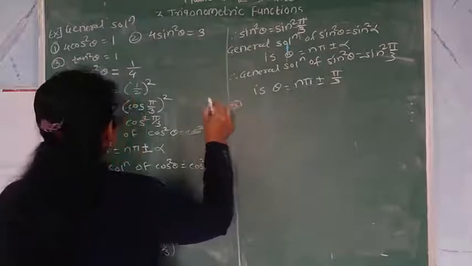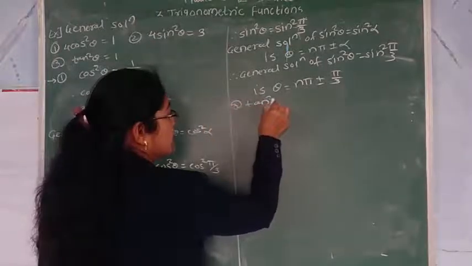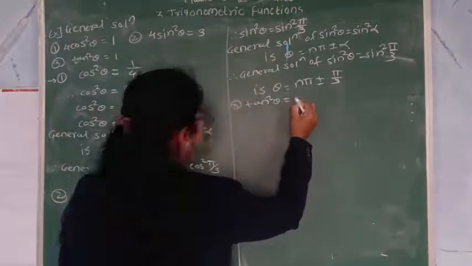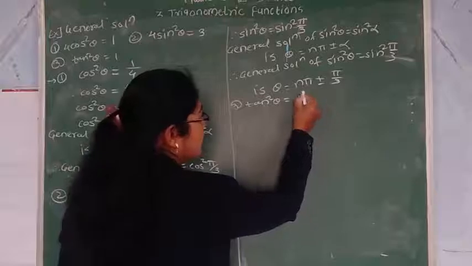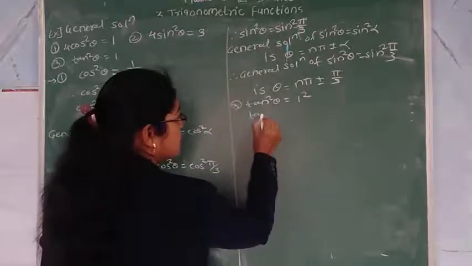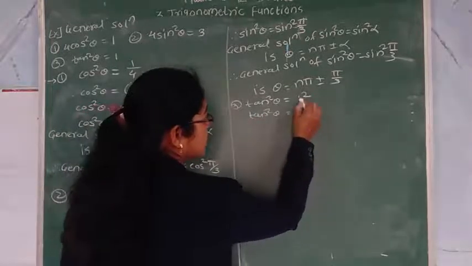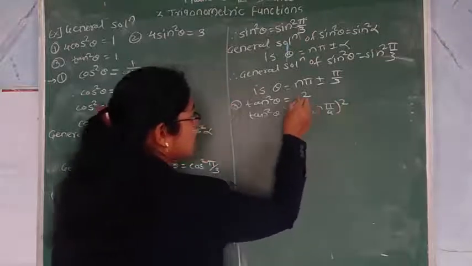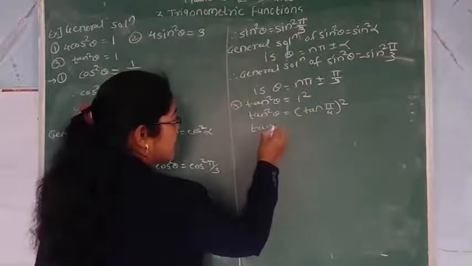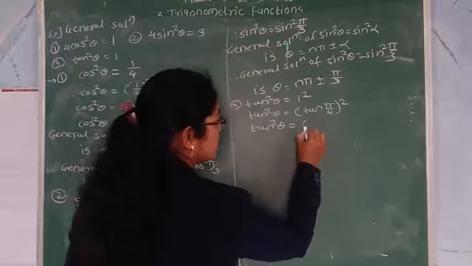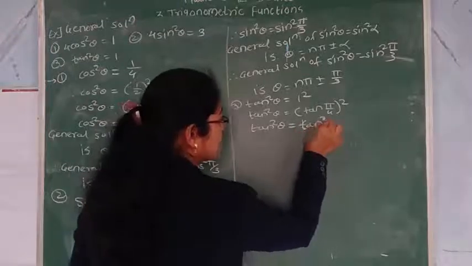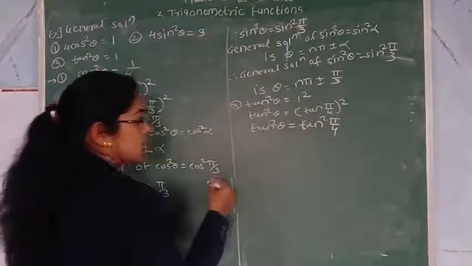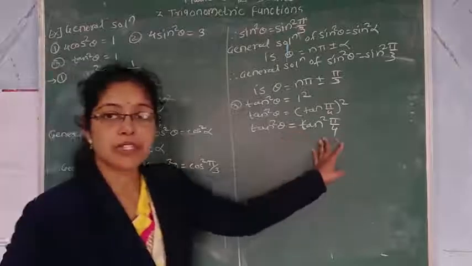Now third one is also the same. Tan square theta is equal to 1, and we can write 1 as 1 square. So tan square theta is equal to 1, and the value of tan pi by 4 is 1. So we can replace 1 as tan of pi by 4. So this can be written as tan square pi by 4. So we know the general solution of this form is also the same.